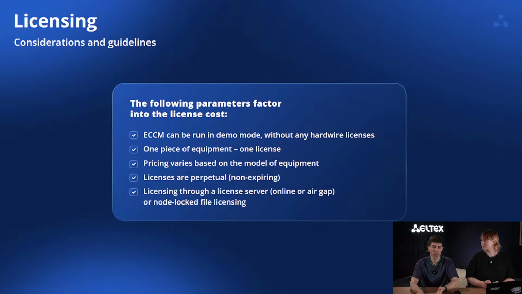Then one piece of equipment equals one license. So if you have a network with 50 pieces of equipment, you'll need 50 licenses, and these licenses will be specific to specific models. Please reach out to us and we'll put together a quote for you depending on the equipment you have.